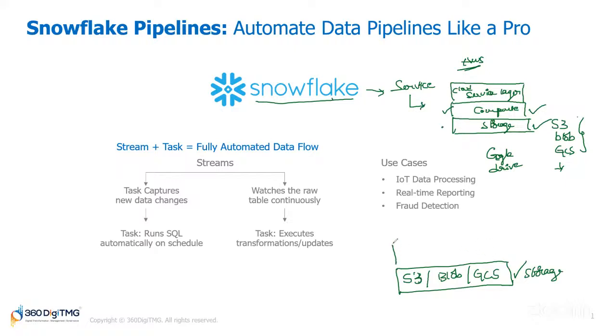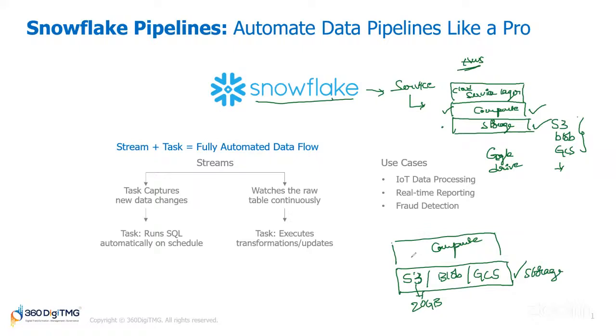And the compute part. You have some 20 GB file here in S3. You have attached Snowflake to this S3. Now you can bring in that 20 GB file to Snowflake and you can compute here.